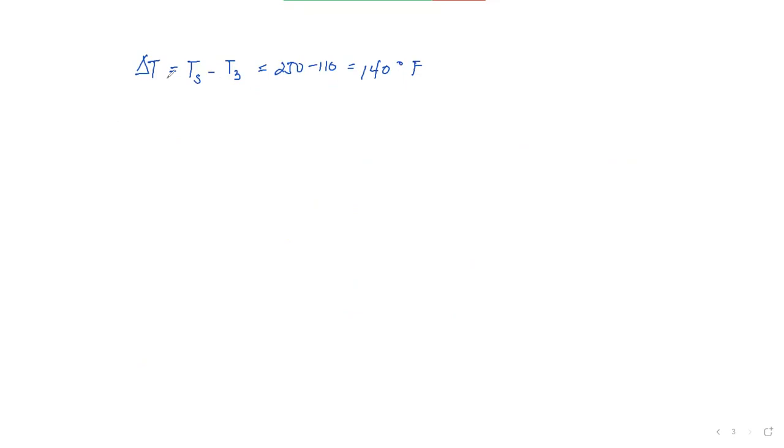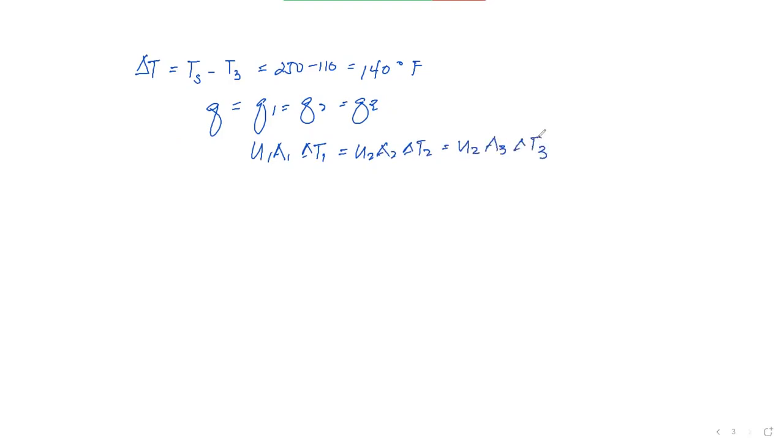And we have this assumption that your Q for all effects will be equal for this multiple effect evaporation system, which is, of course, like this, Q1 equal to Q2 equal to Q3. This Q1, Q2, and Q3 is U1, A1, delta T1, and you have U2, A2, delta T2, and U3, A3, delta T3.